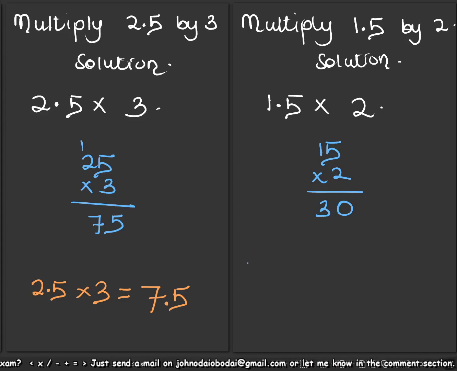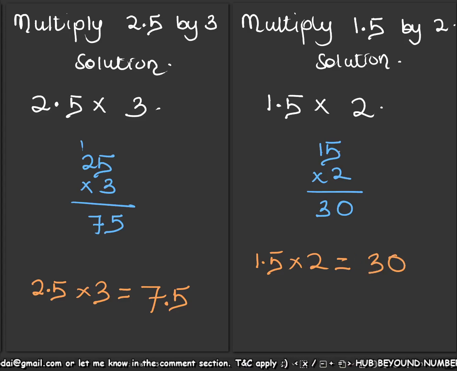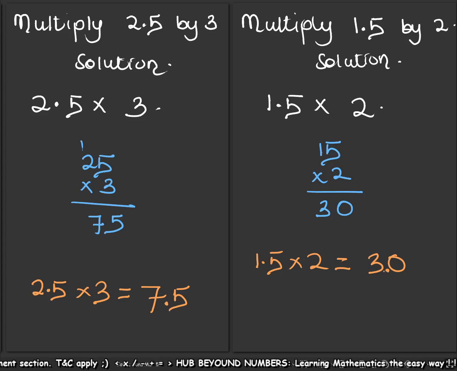But that is not the answer. There is one digit after the decimal here, so we also put one digit after the decimal in the answer. So 1.5 times 2 is equal to 3.0, or 3. That's your final answer.